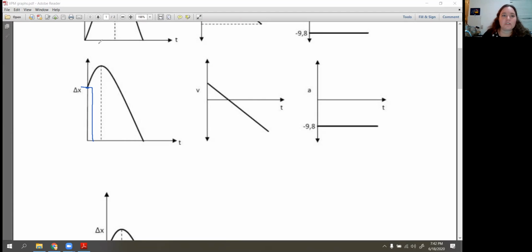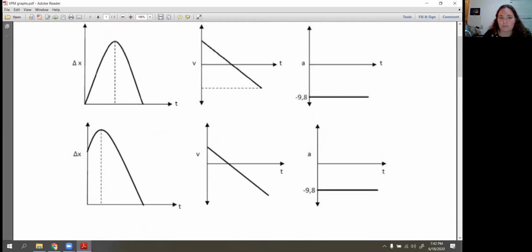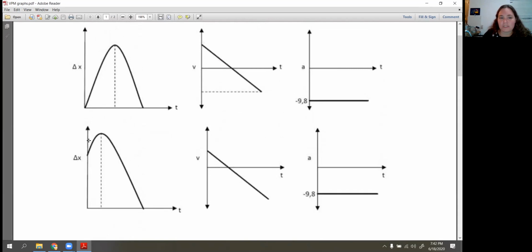So you will notice that this graph is actually surprisingly similar to the one that we did above. The only difference is that we didn't just go up and then back down to the same height, it went lower. And what you'll notice is the difference here onwards is that it keeps going.